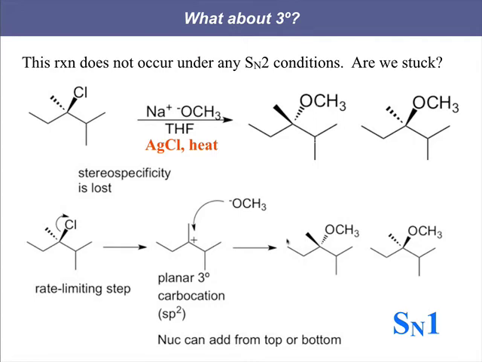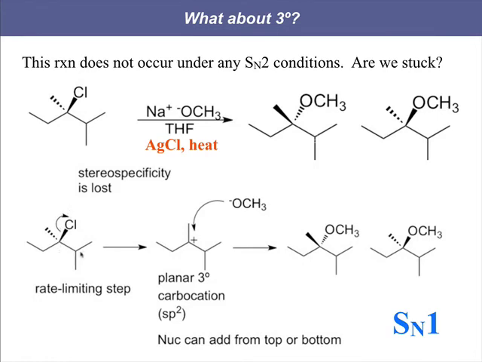This is really, really, really important, because even though we get a product that looks like the SN2 product, because this is tertiary, we should know that the nucleophile would not be able to access that antibonding orbital and force off the chlorine.